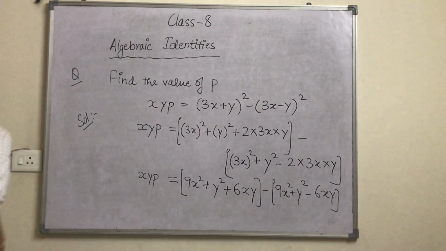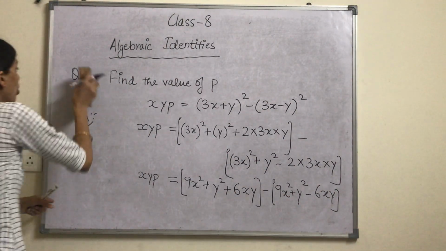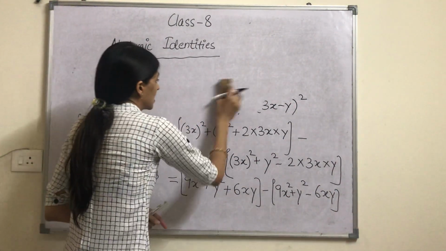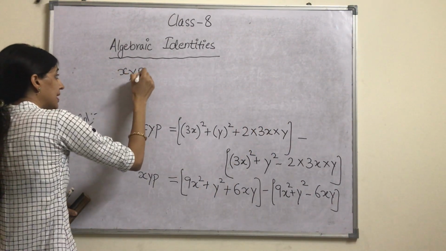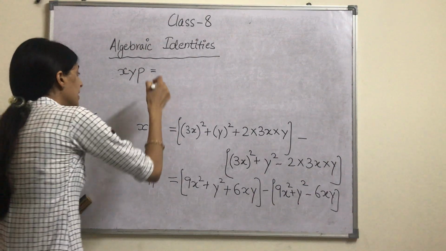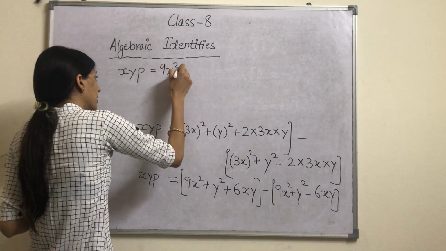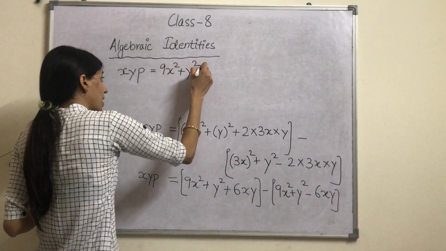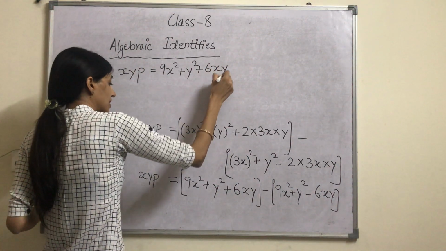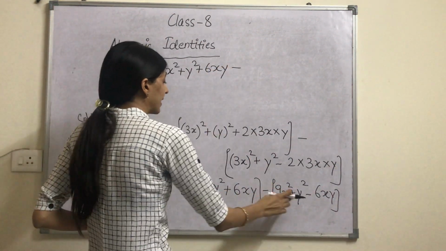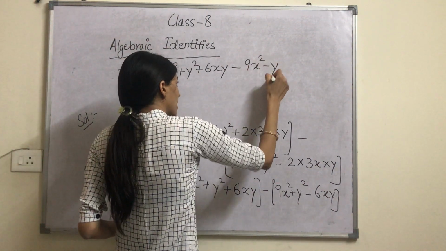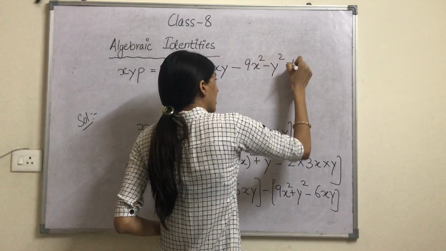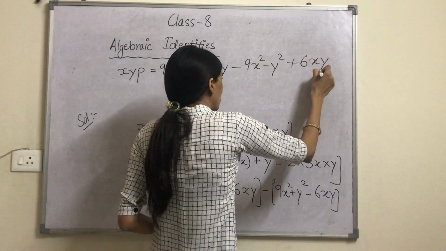Now what we have to do? We have to open up the brackets. XYP comes out to be 9x square plus y square plus 6xy. When we open the bracket, the signs will change: minus 9x square minus y square plus 6xy.